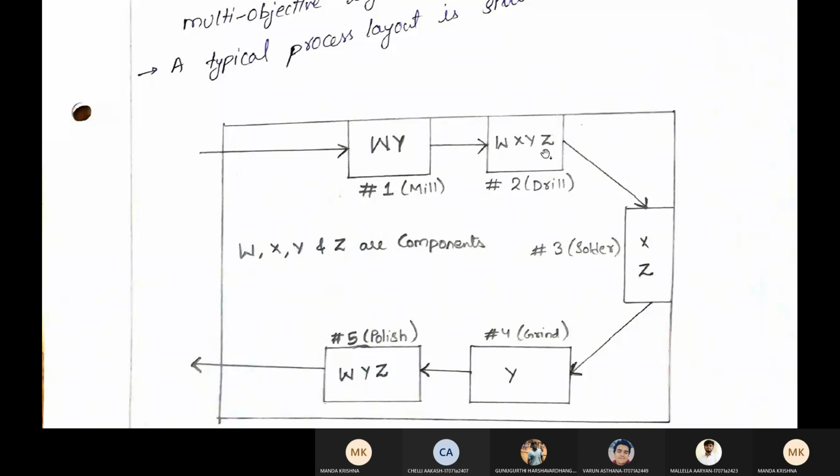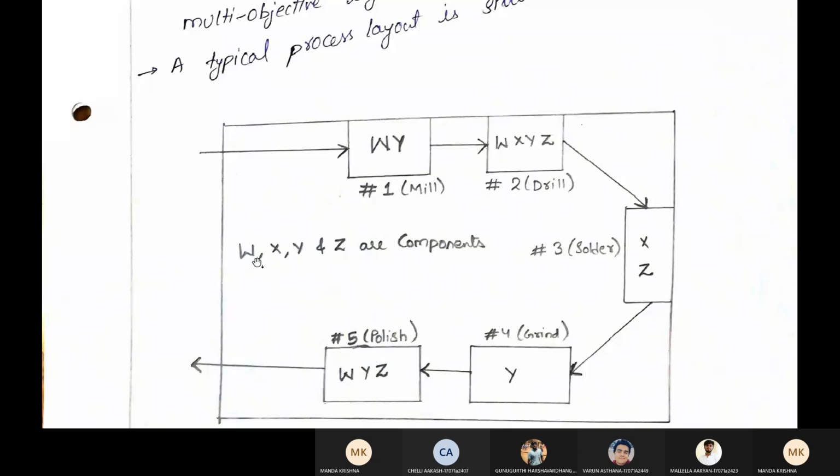W, X, Y, Z components are going to get operated, and on 3, soldering, X and Z components, and 4, grinding, Y component is operated, and next 5, W, Y, Z components are getting operated, that is polishing.